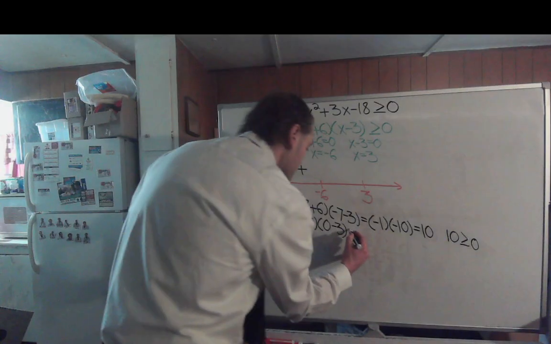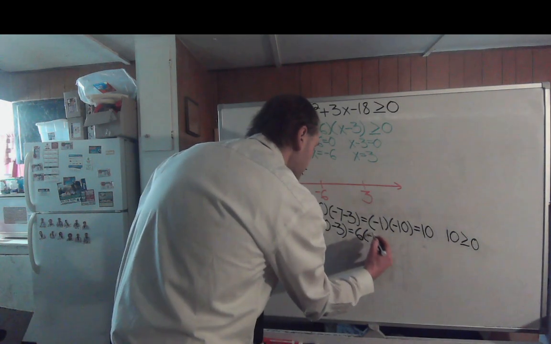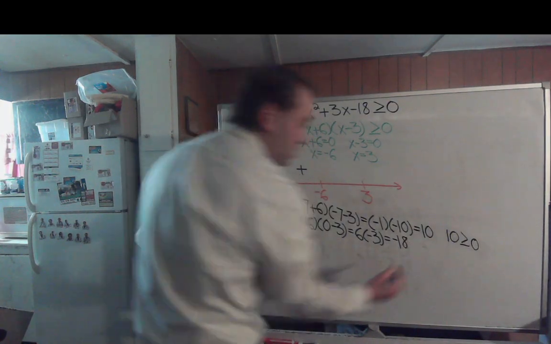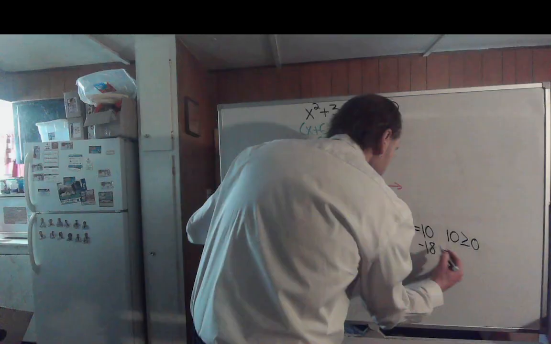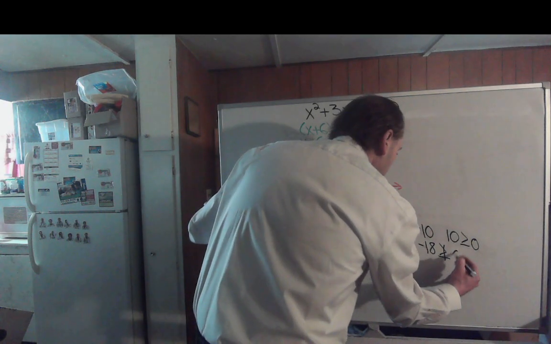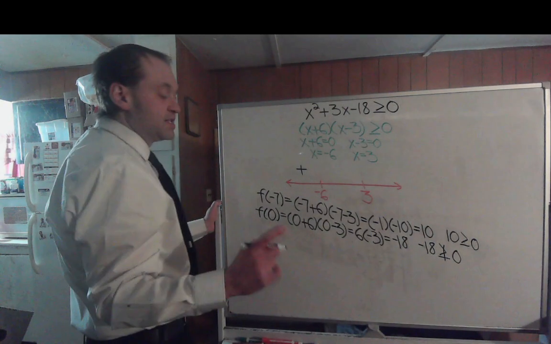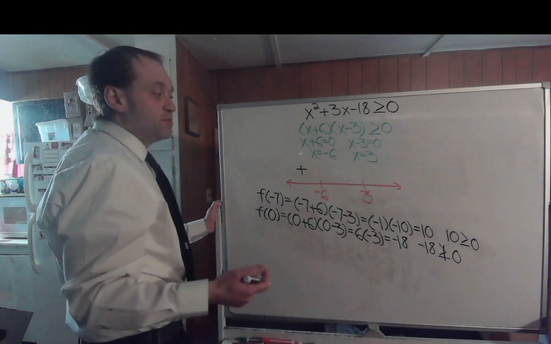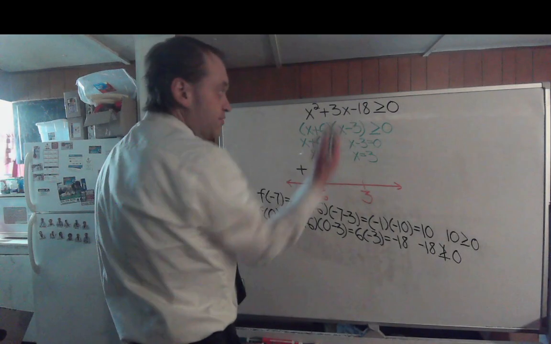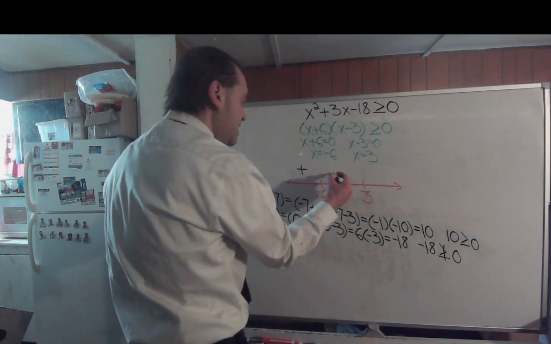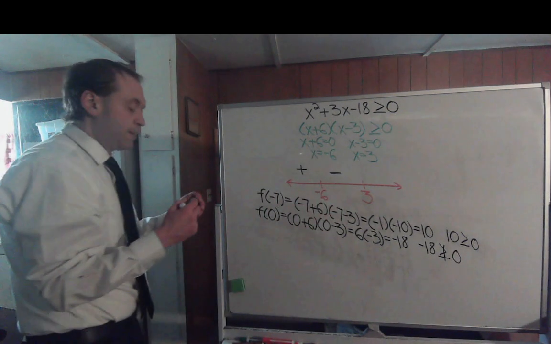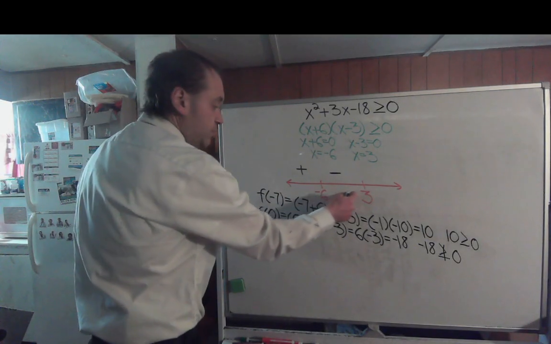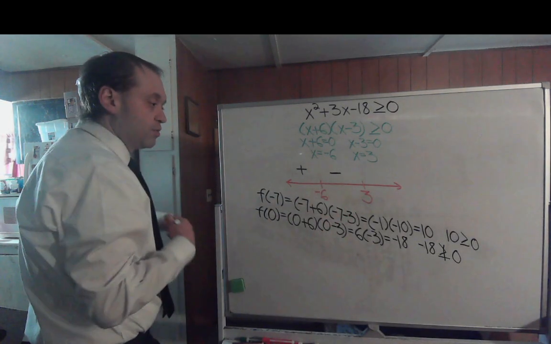Well, that's just going to turn into 6 times negative 3, which would give you negative 18. Well, we know negative 18 is certainly not greater than or equal to 0. So that'd have to mean it's negative because we're looking for positive values. So you'll put a negative sign in that interval. So this interval in between negative 6 and 3 definitely won't work.